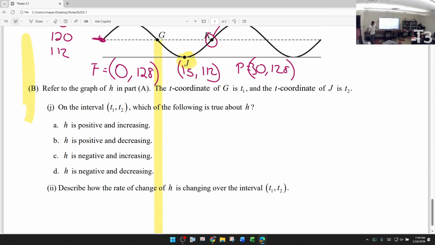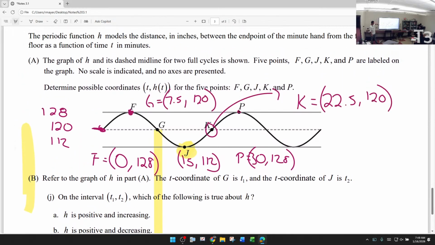What is H? Negative and increasing, because it's concave up and going downhill. Well, that's why I'm confused. So let's look at it real quick.